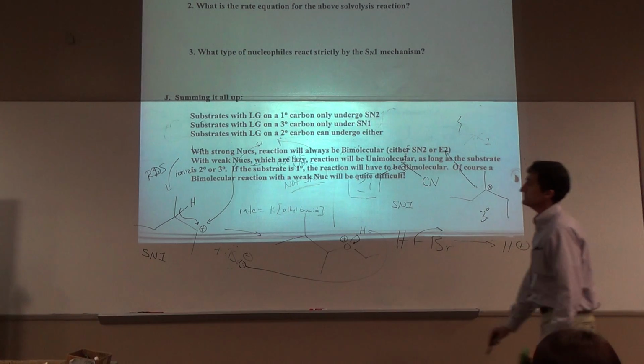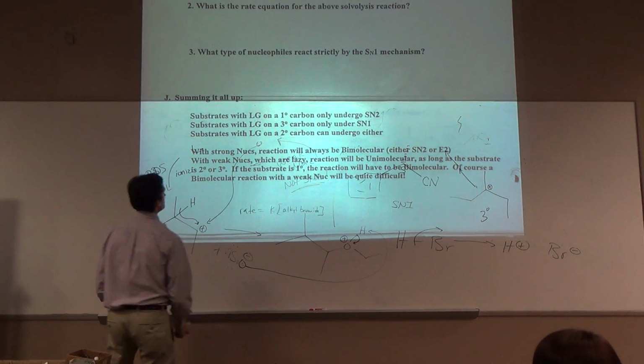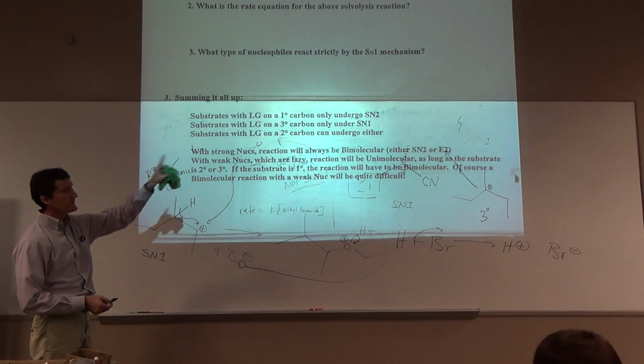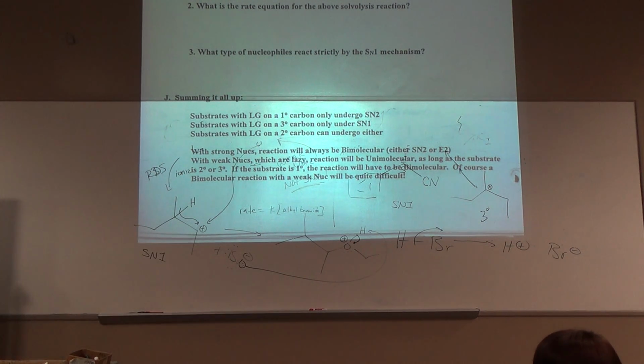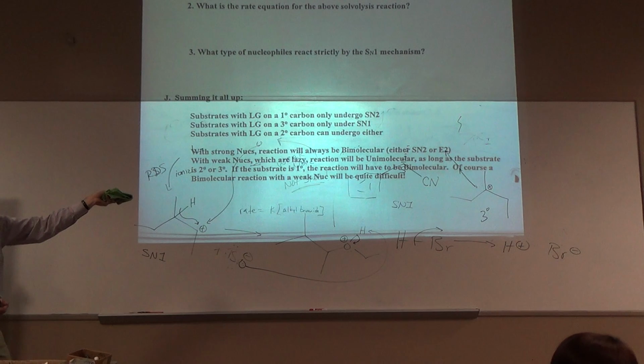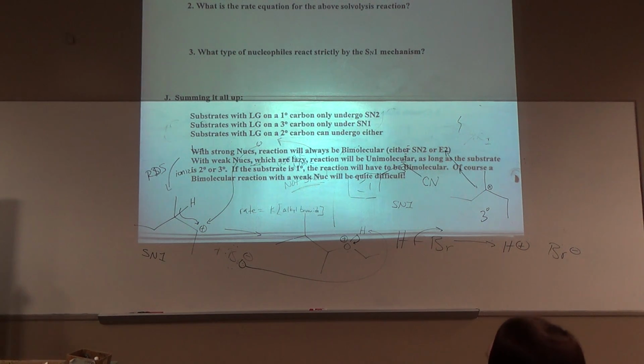Let's sum it up. See if this makes sense. Substrates with leaving group on primary carbon only undergo SN2. Why? Well, SN1 involves a cation. Would you make a cation on a primary carbon? No. Substrates with leaving group on tertiary carbon only undergo SN1. That's great for a carbocation, right? Why does tertiary not do SN2?